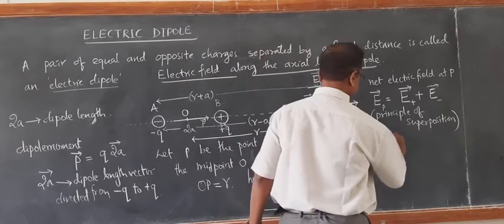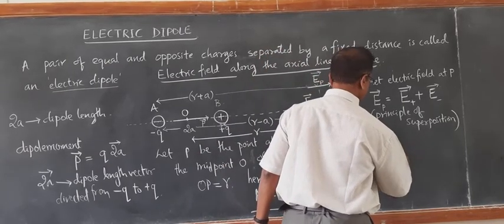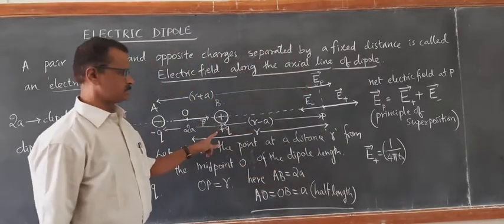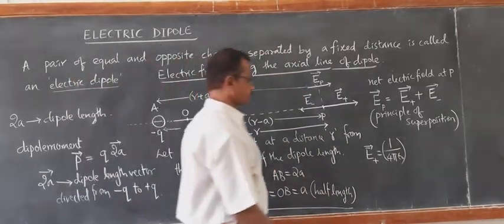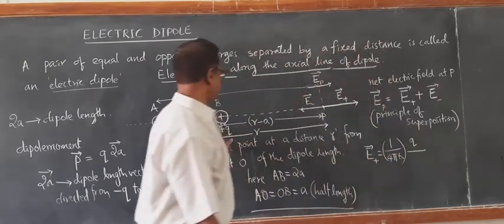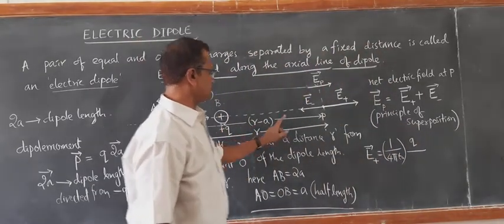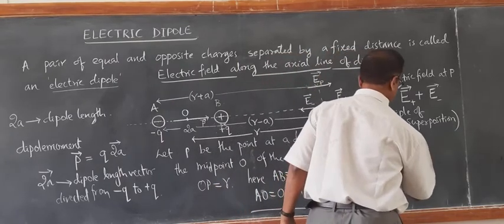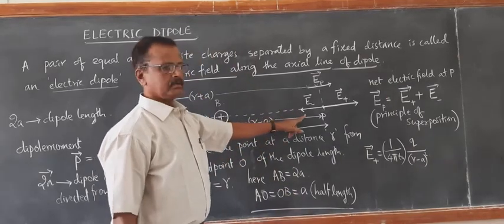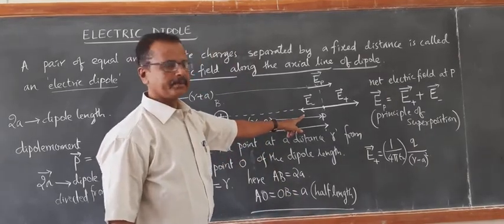E plus value by definition is 1/4 pi epsilon into the source charge. Source charge is plus Q upon the square of the distance. Square of the distance is r minus a whole square, and we have to show the direction of the electric field by a unit vector.